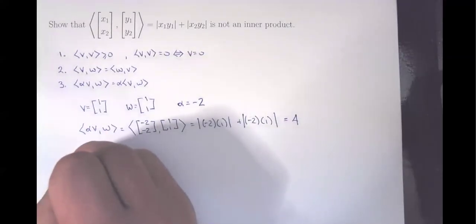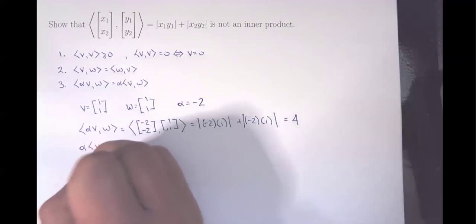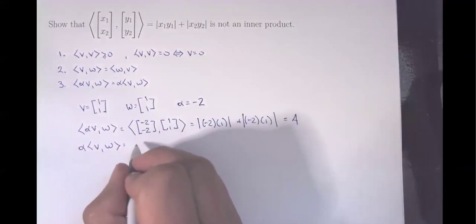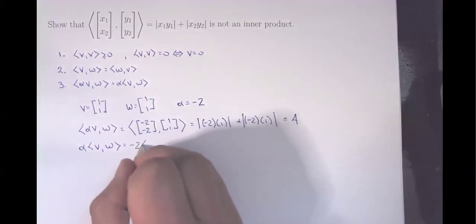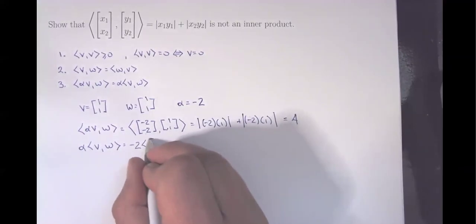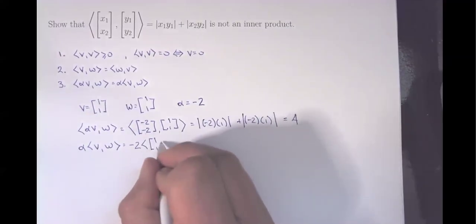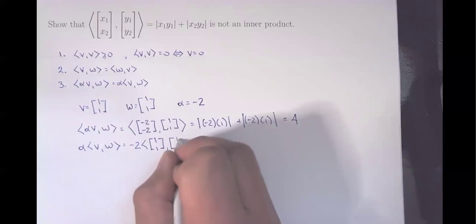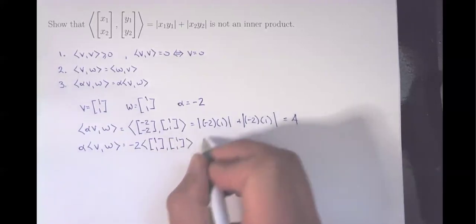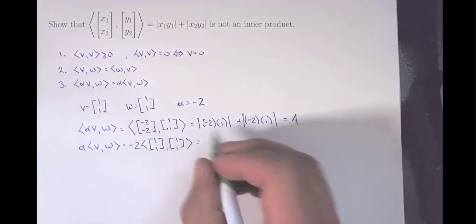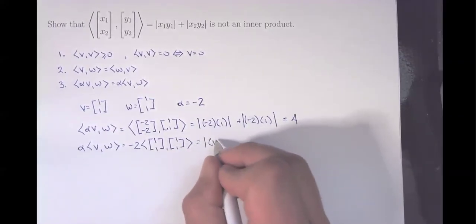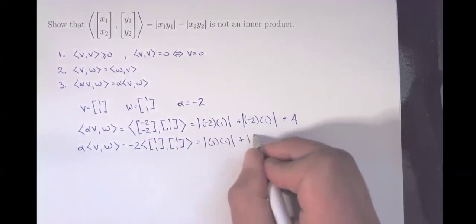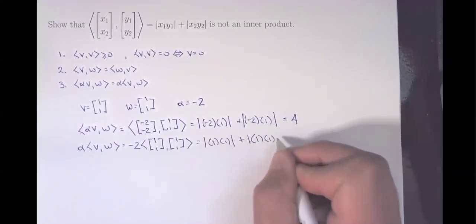Now, alpha times the inner product of V and W is going to be -2 times the inner product of 1, 1 with 1, 1. So this inner product is the absolute value of 1 times 1 plus the absolute value of 1 times 1.